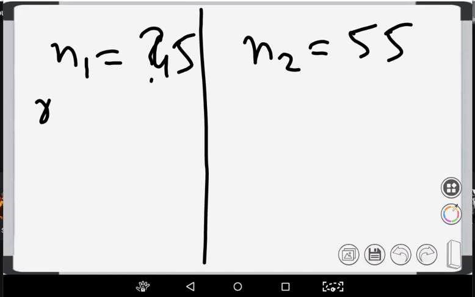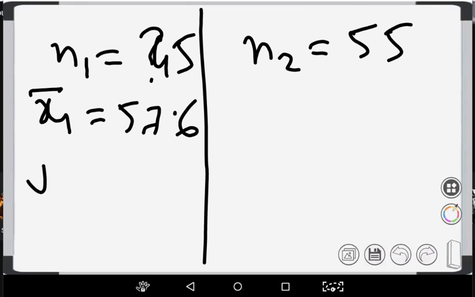What else is given? X1 bar is given, 57.6. Sigma 1 is also given, 10.58.